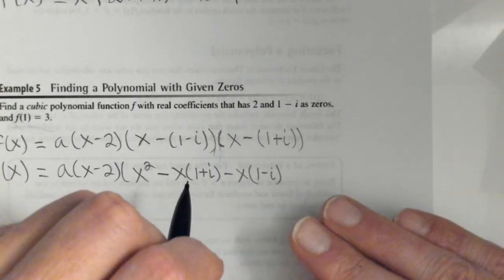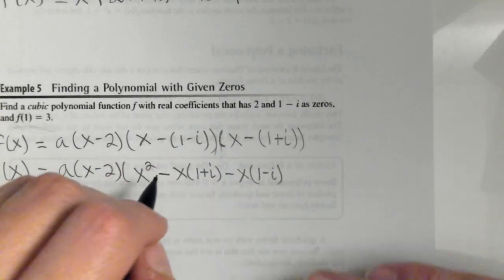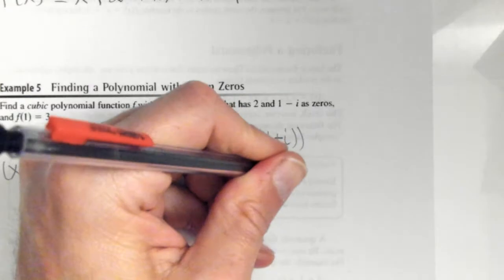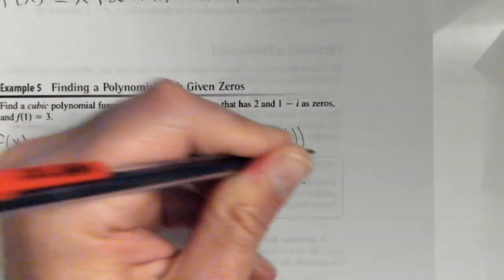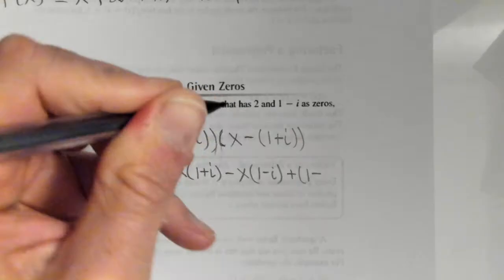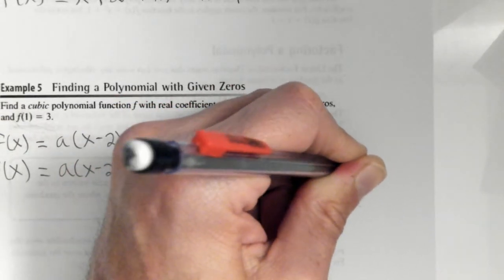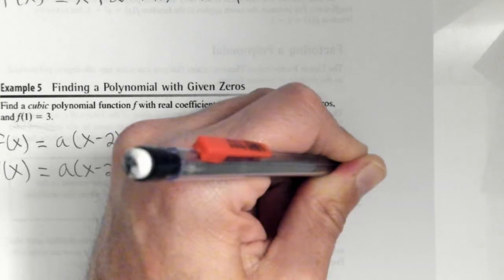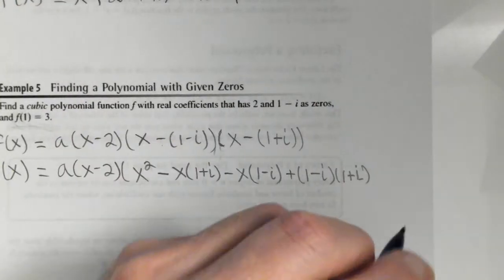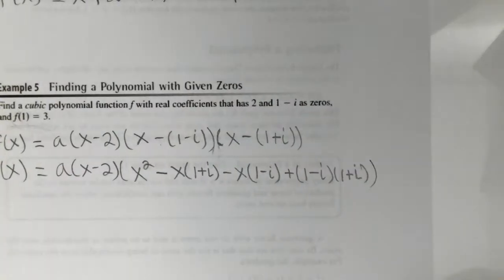And then what I'm going to do is take these 2 and multiply them together. So negative and negative make a positive, and then that's going to be open 1 minus i close times open 1 plus i close, and another close.